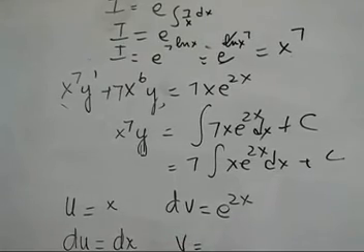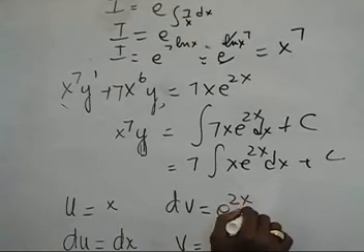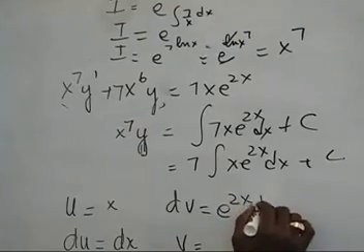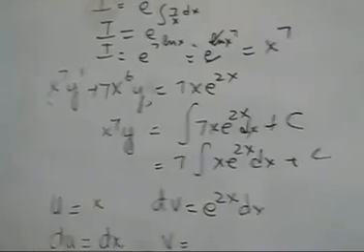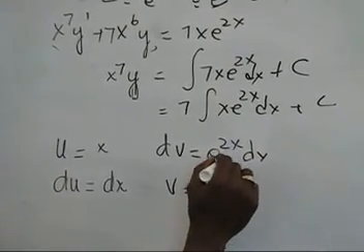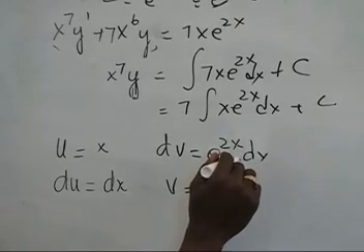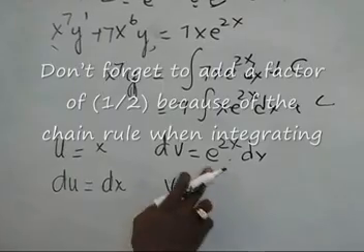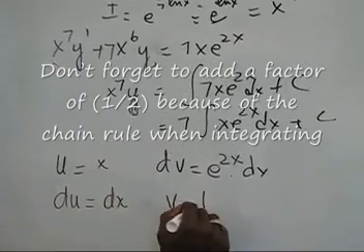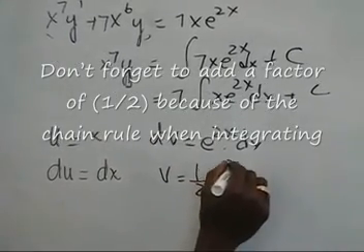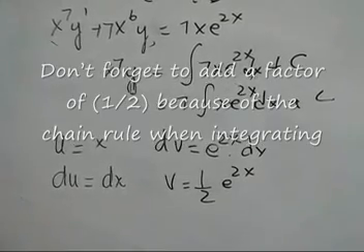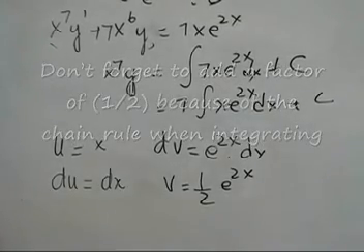My v, in order to integrate this one, I need a 2 in front, so I need the 1/2 in front when I integrate it, right? So v is 1/2 e to the 2x.